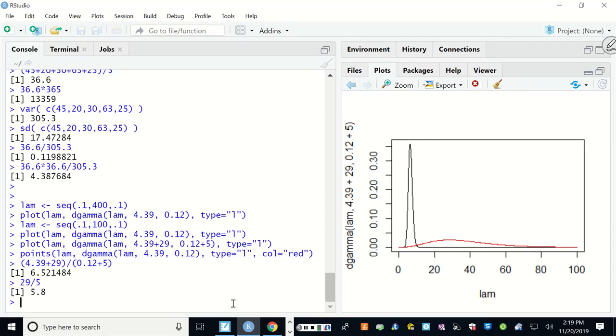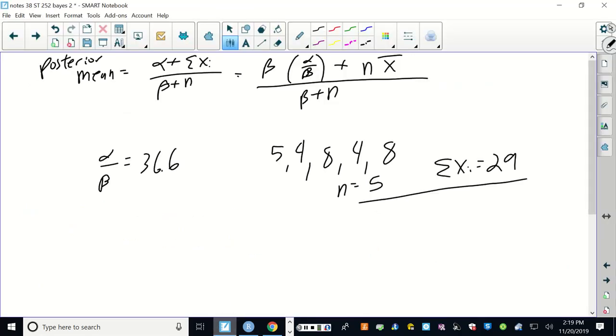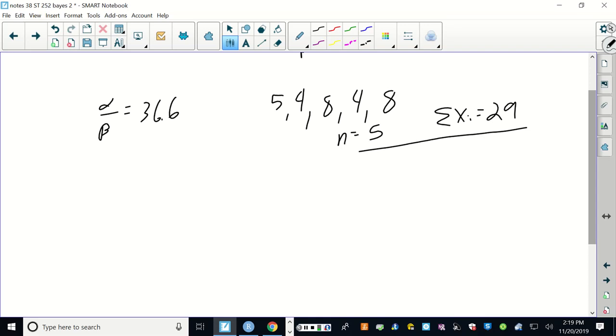What about if the next round of data comes in, five more days? The next 5 days were 6, 7, 5, 9, and 9, and the sum of these is 36. And we can add that in.